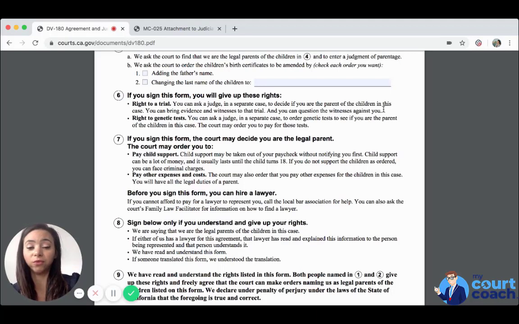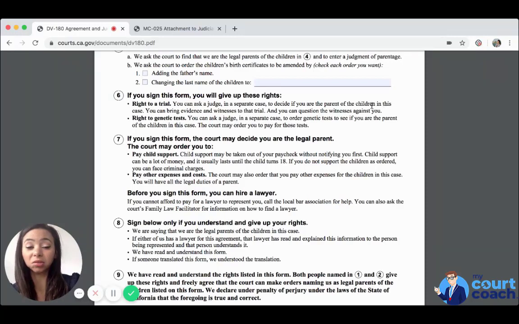So if you do feel that there might be a mistake or even a 1% chance that you might not be the father of this child, don't sign this. File a paternity action, ask for a DNA test, and make sure that you are the father of the child.